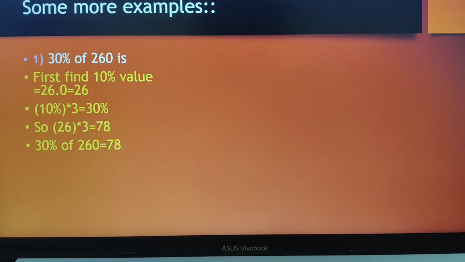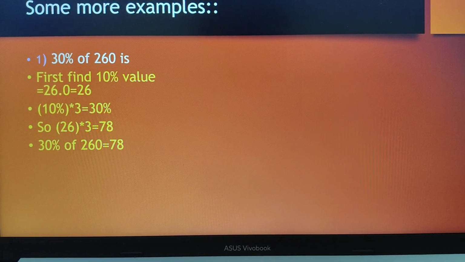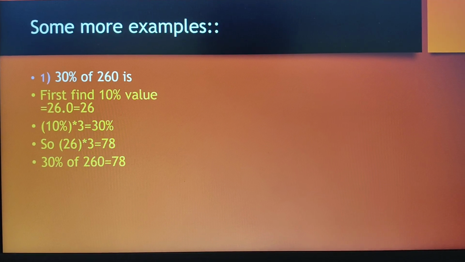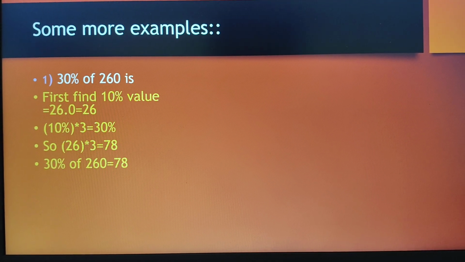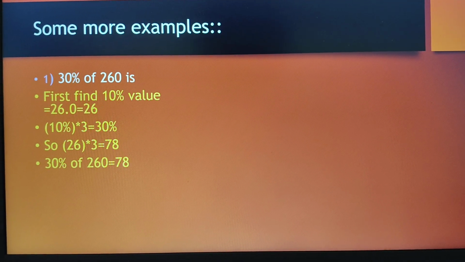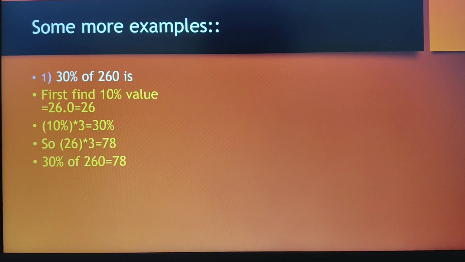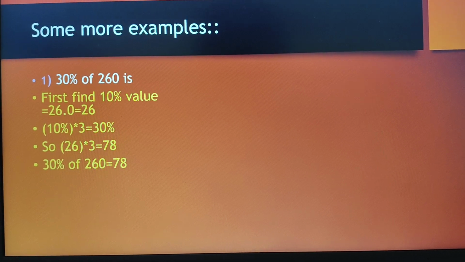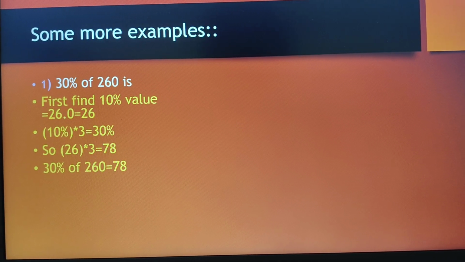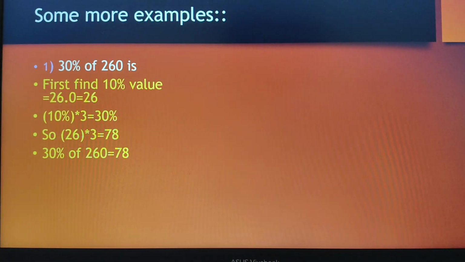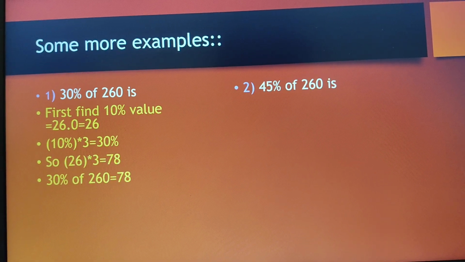So you get 26 into 3 is equal to 78. So 30 percentage of 260 is 78. For all these types of sums, you need to find 10%. From 10% only, you could do half, you get 5 percentage, and you could add 10 and 5, you get 15 percentage. You could multiply with 3 in order to get 30 percentage. In this manner, you will find from 10 percentage only.